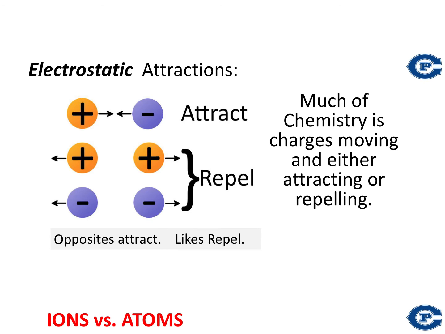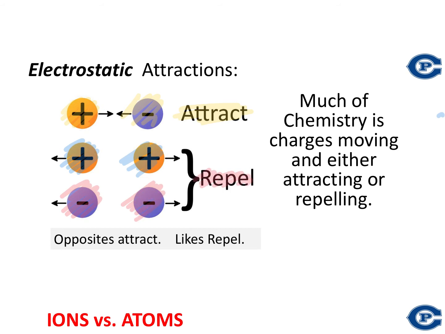Before we get into that, I do think it's important to review our electrostatic attractions. This is extremely important as we move into some questions, but you do need to know how to apply this on the test. Remember that positives and negatives are going to attract together, whereas likes, such as 2 positives or 2 negatives, are going to repel.